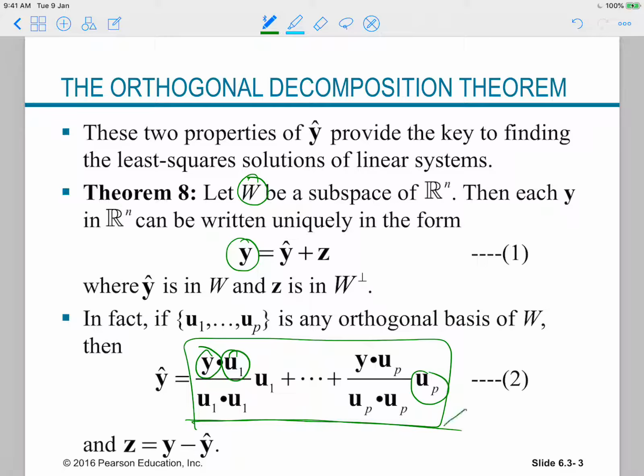In this representation, all of them are fixed, and thus given these fixed orthogonal basis vectors and fixed y vector, this y hat will be uniquely defined, right? So it means there is no other orthogonal projection point. Okay, so that is in terms of the uniqueness of the solution.